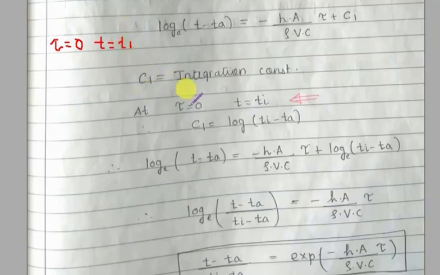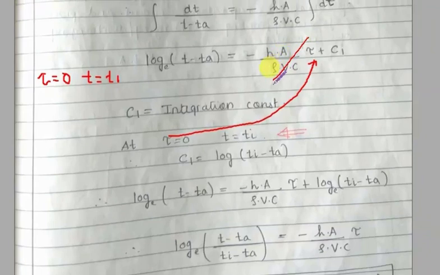So at tau equal to 0, just when the system has started, the temperature is Ti. So I will put this tau value in this equation. This term becomes equal to 0, and I will replace T by Ti. So what I get is log of Ti minus Ta equals C1. In this way, I have got the value of C1.